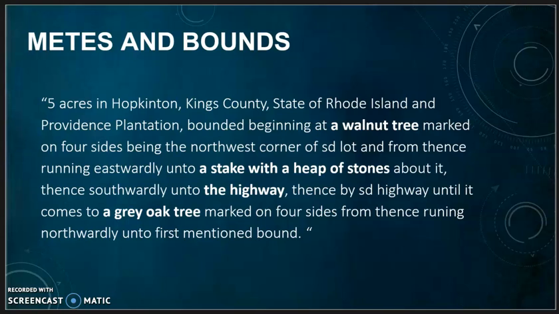So here's an example of a metes and bounds survey. 5 acres in Hopkinton, Kings County, State of Rhode Island, and Providence Plantation, bounded beginning at a walnut tree, marked on 4 sides, being the northwest corner of said lot, and from thence running eastwardly unto a stake with a heap of stones about it, then southwardly unto the highway, thence by said highway, until it comes to a great oak tree, marked on 4 sides, from thence running northwardly unto the first mentioned bound.